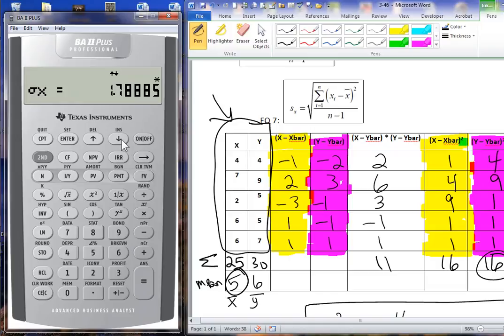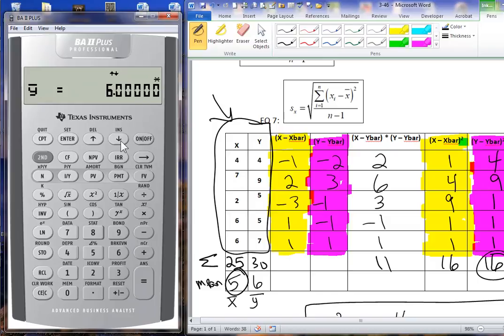If this were a population, the calculator gives you what that entry would be. In this problem, we are told that this is sample data, therefore arrow up. I can show you again that the standard deviation for the sample is 2.